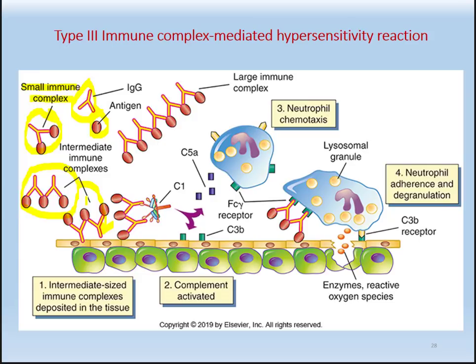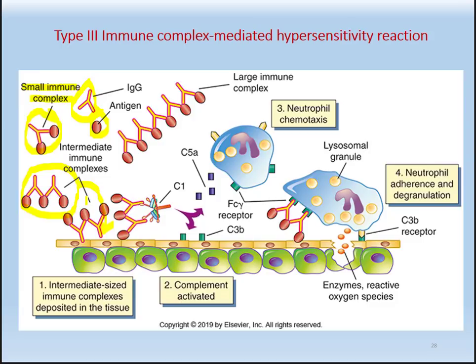Most type 3 hypersensitivity reactions are caused by this antigen-antibody complex that forms and then later deposits itself into the walls of tissues, sometimes even the walls of blood vessels. There's a primary difference between type 2 and type 3 hypersensitivities.